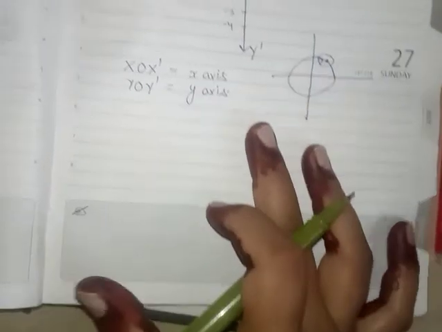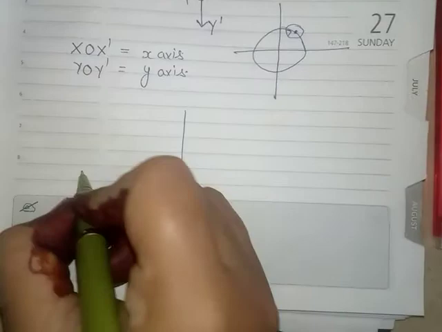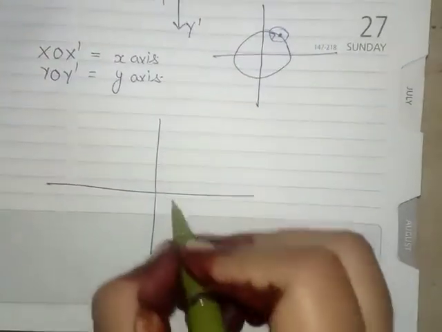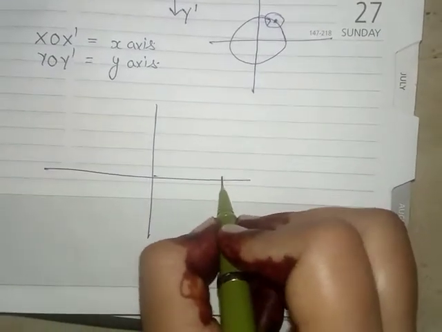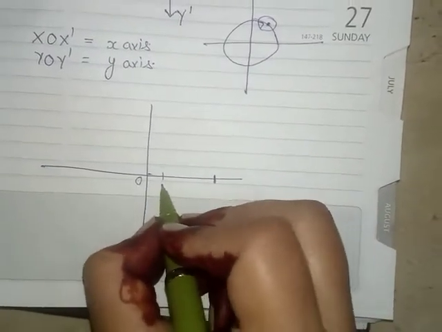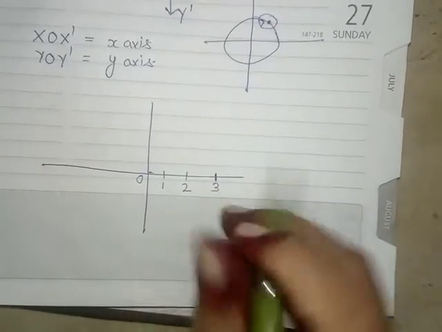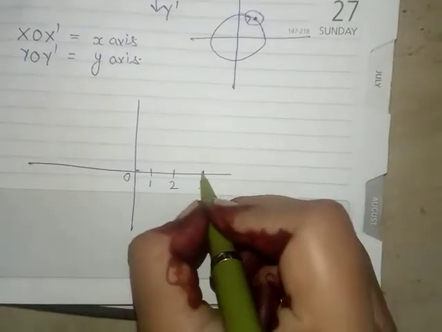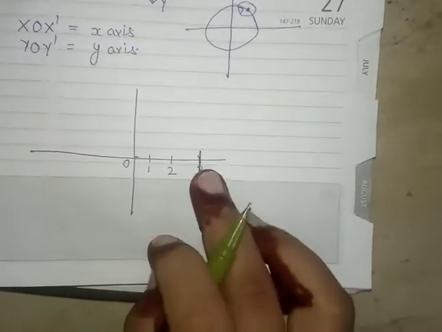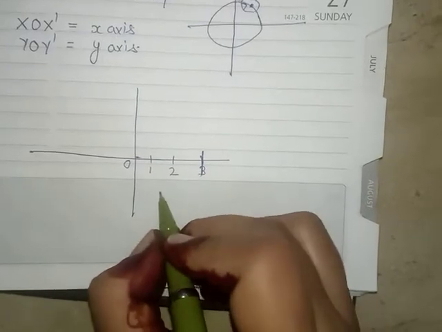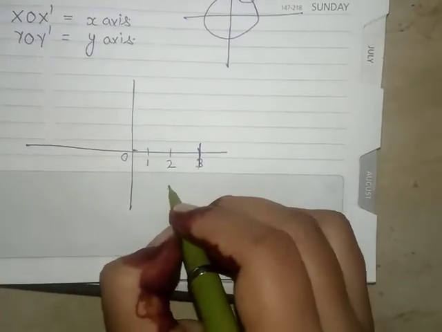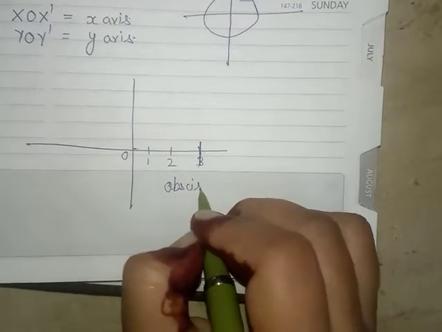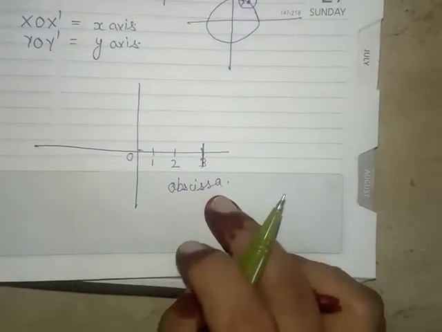The first thing I want to tell you is that on the x-axis, if I move 1, 2 and 3 towards the x direction, this distance up to 3 is known as abscissa.